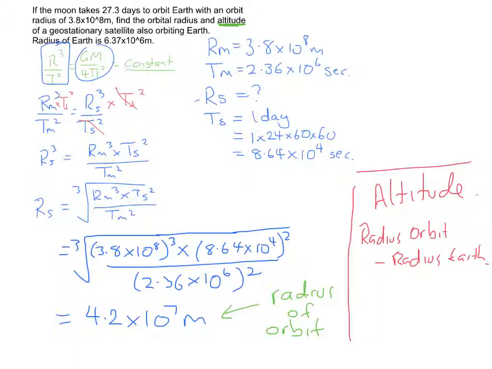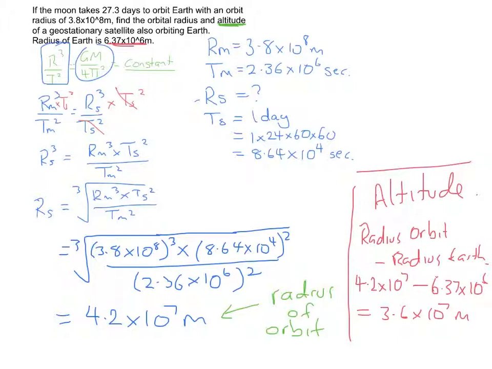So that will be equal to 4.2 by 10 to the 7, take away, and we're told in the question that the radius of Earth was 6.37 by 10 to the power of 6, and that will give us an answer of 3.6 by 10 to the 7 meters.